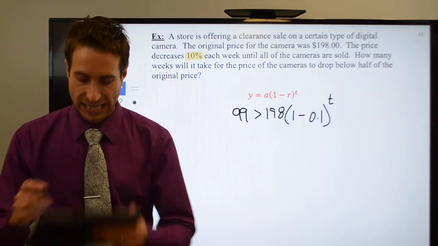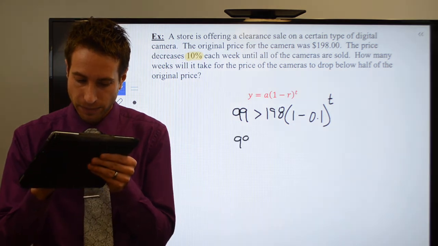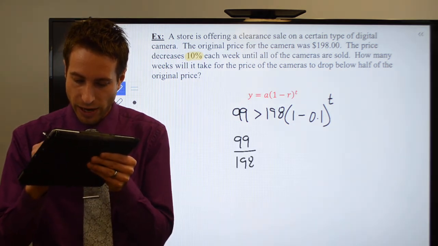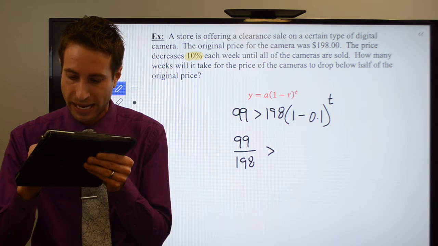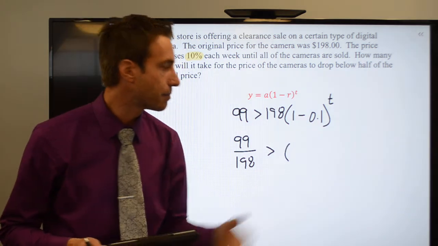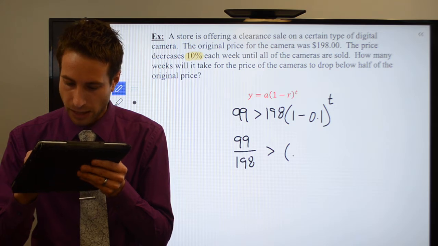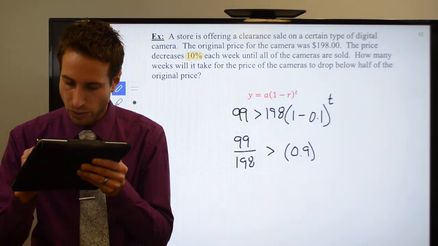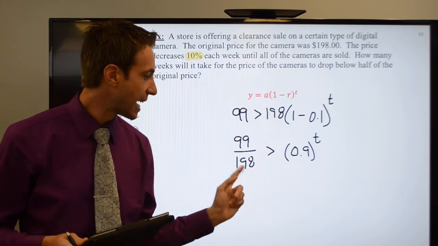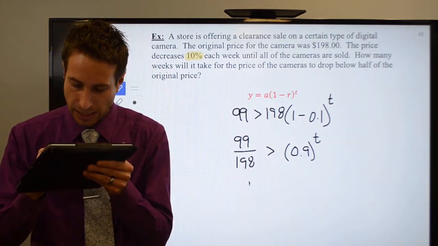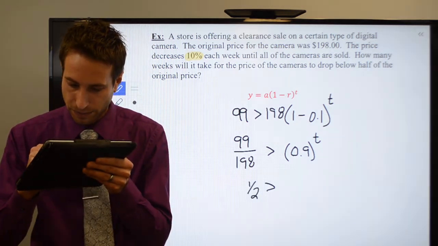Divide 198 to the other side. Dividing by a positive 198 does not flip my inequality. I'll also at the same time subtract 0.1, so you wind up with 0.9 raised to the t power. 99 divided by 198 is going to be 1/2.